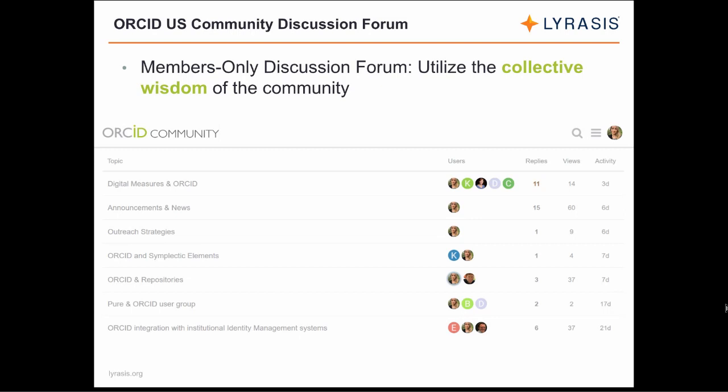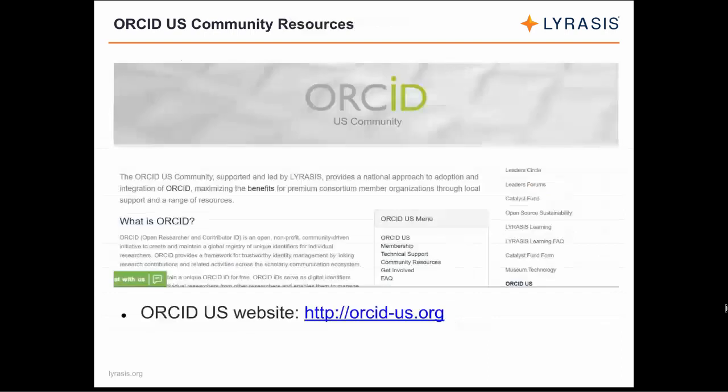So we're really building that support network and allowing institutions to more easily utilize the collective wisdom of the community. We also have a website at orcid-us.org, where you can learn more about the community, membership, technical support, community resources, ways to get involved, and frequently asked questions.